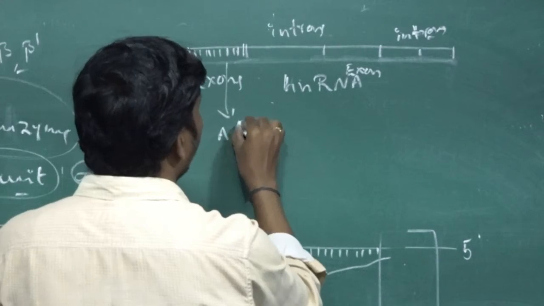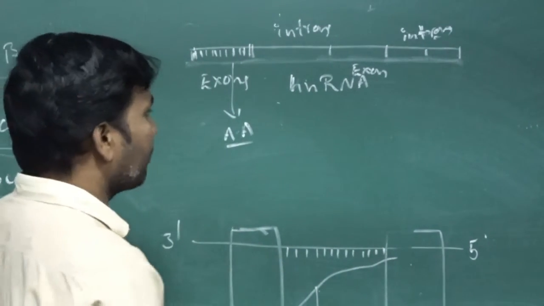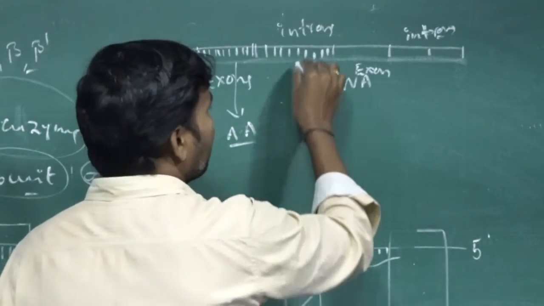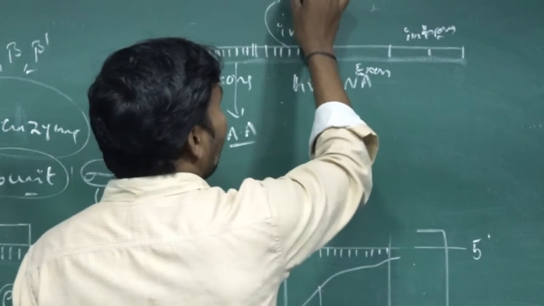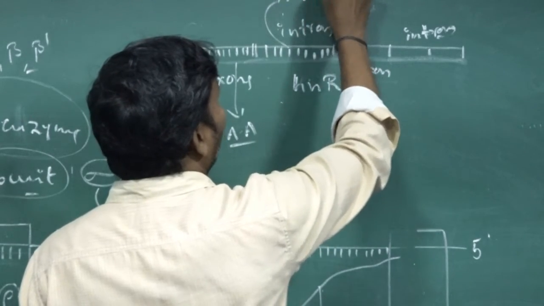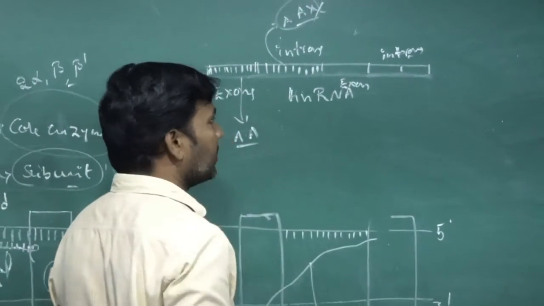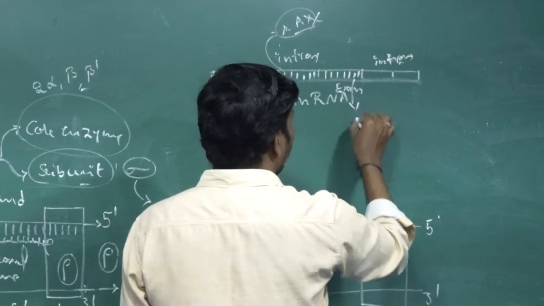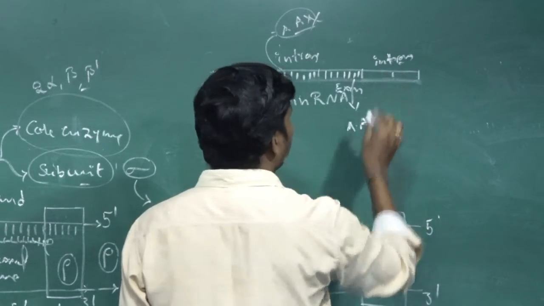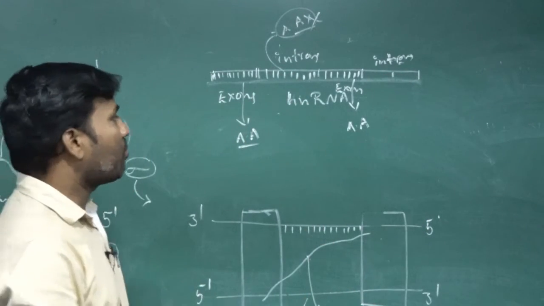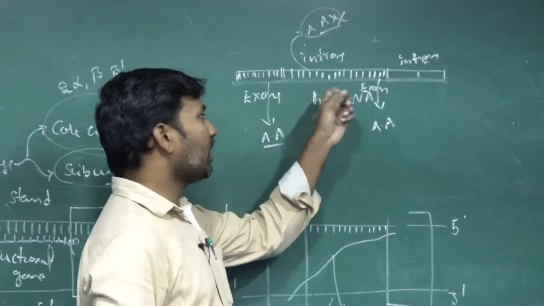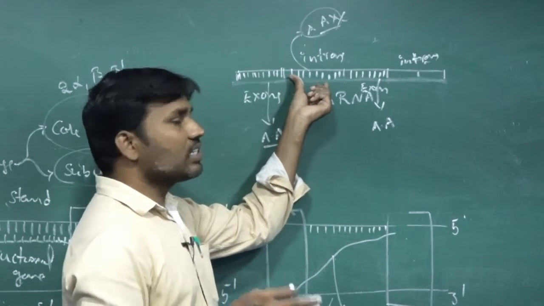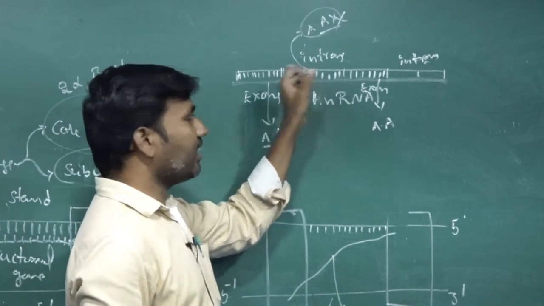This sequence codes for some specific amino acids here, and here the intron region, these do not code for any amino acids. Again the exon, here the sequence codes for some specific amino acids. Like this, alternately, the amino acid coding sequences are interrupted by certain nucleotide sequences. Those are called the introns.